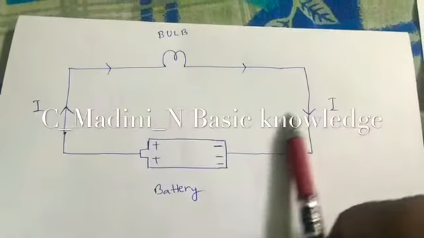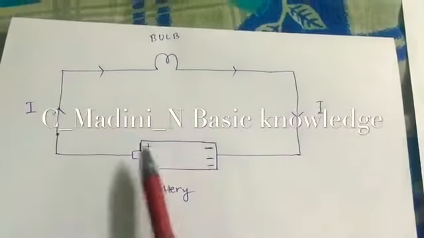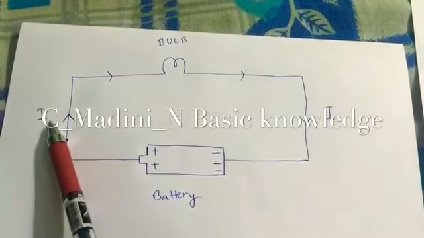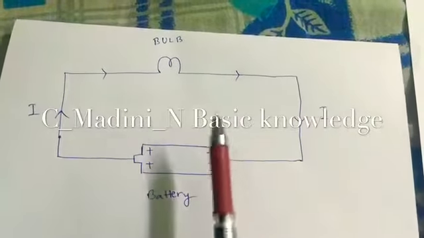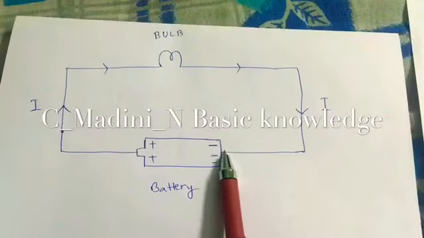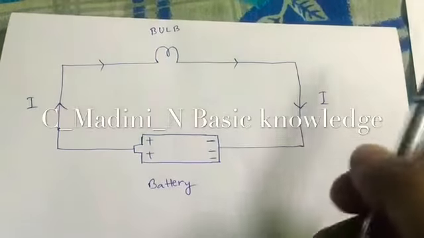Now when it is a closed circuit, what will happen? The current is moving, isn't it? This electric current by convention is moving from the positive to the negative terminal, and electrons are moving from negative to positive, which I have already discussed.